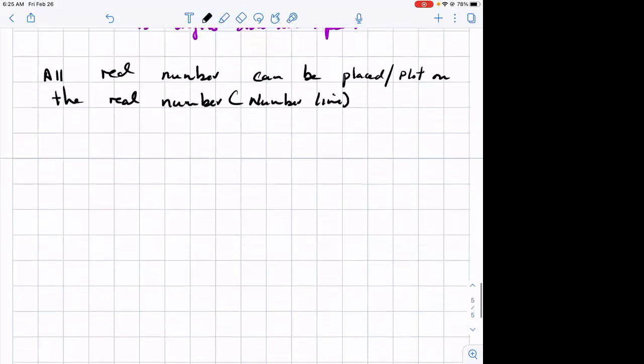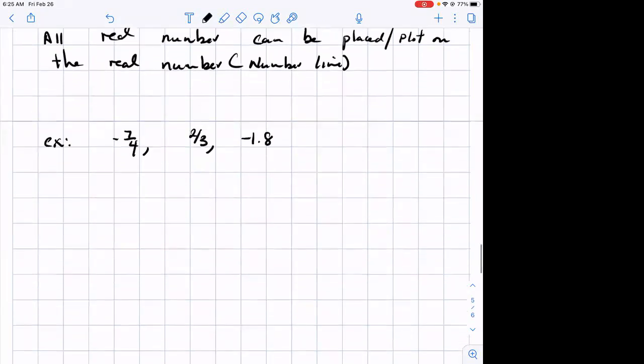It means that if I give you a bunch of numbers, such as -7/4, 2/3, -1.8, it doesn't matter what I gave you, you have a good sense of where it is on the number line.